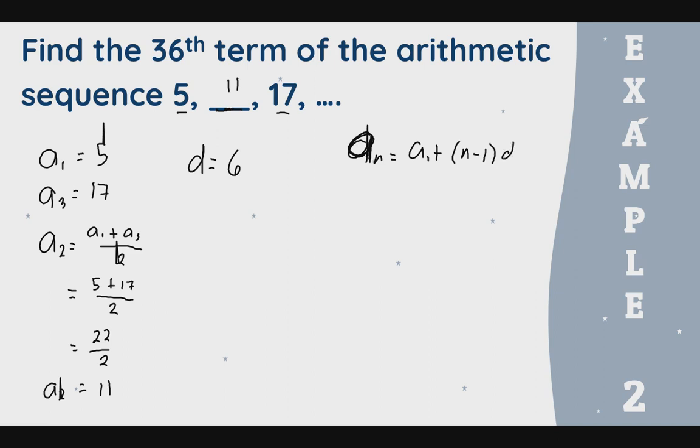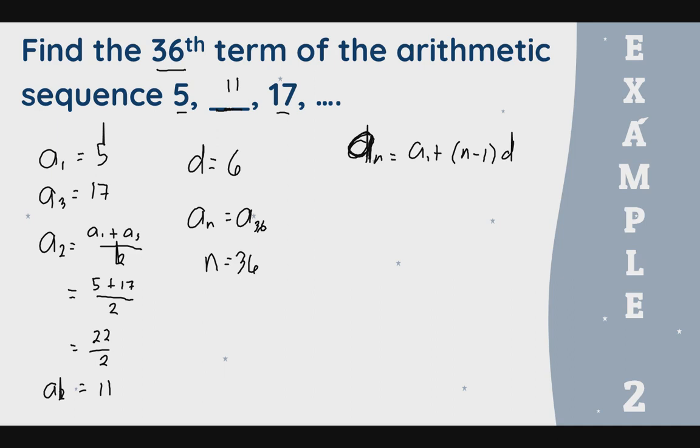What is our a sub n first? What term are we looking for? Very good, the 36th term. So our a sub n is a sub 36, and if we are looking for a sub 36, then n is equal to 36.